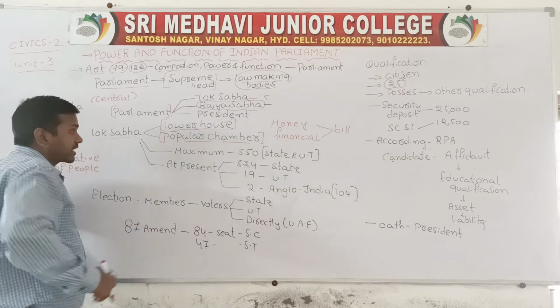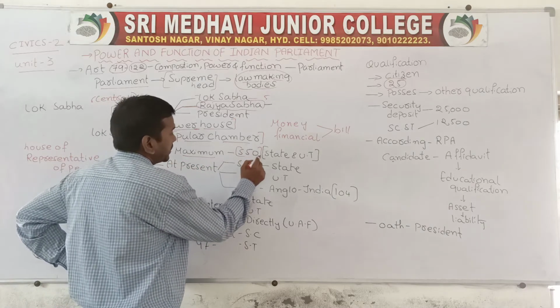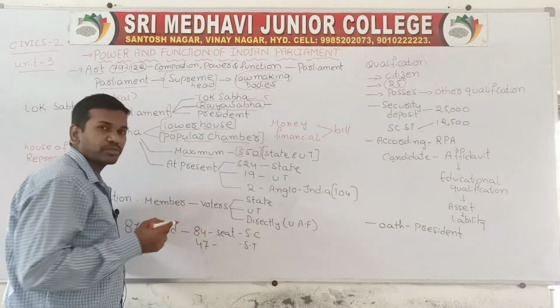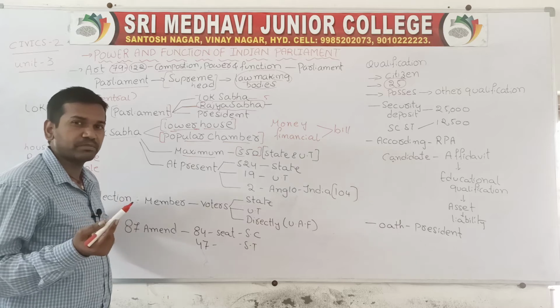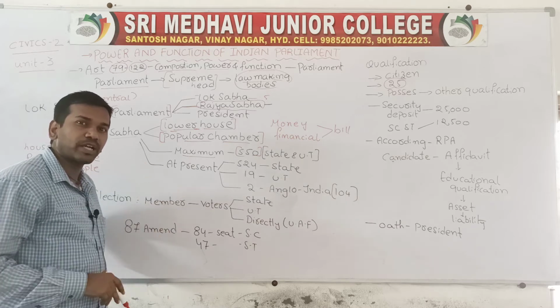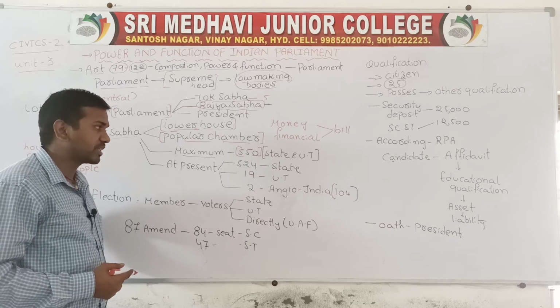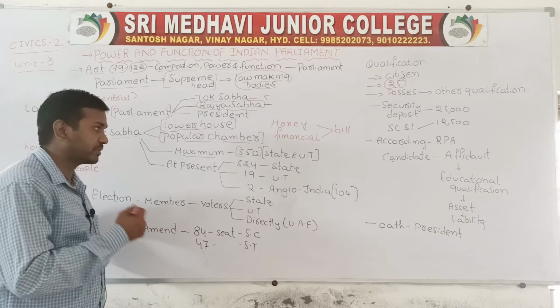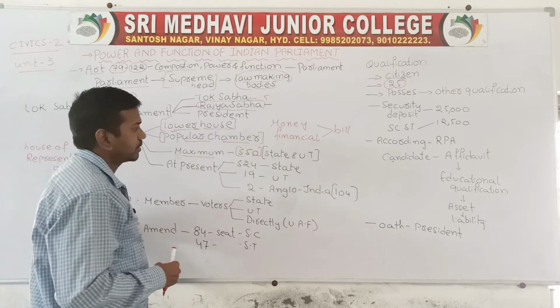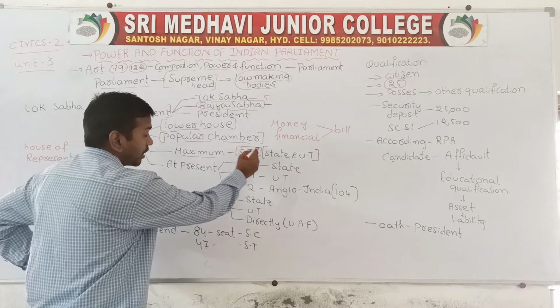Now the maximum strength of Lok Sabha is 550, and the strength should not exceed 550. The previous strength was 545, but at present the maximum strength is 550.